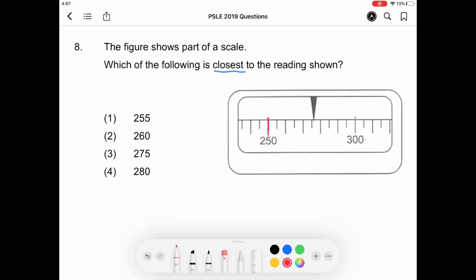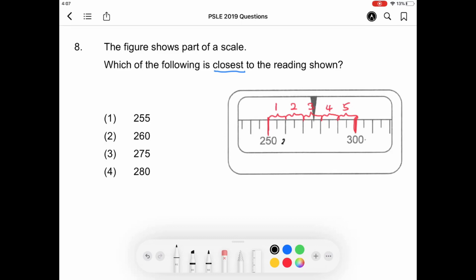Between 250 and 300, there are 5 broad intervals. What do I mean by that? This is 1. This is the second interval, the third broad interval, the fourth one, and the fifth one. So every broad interval has a value of 10.